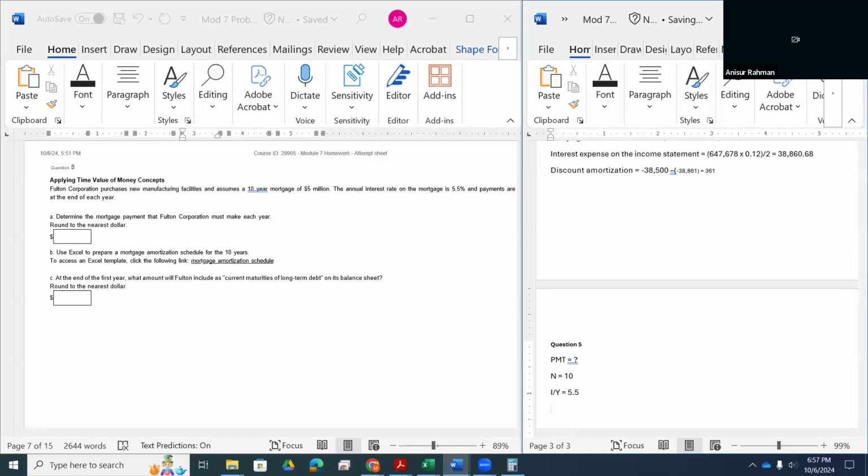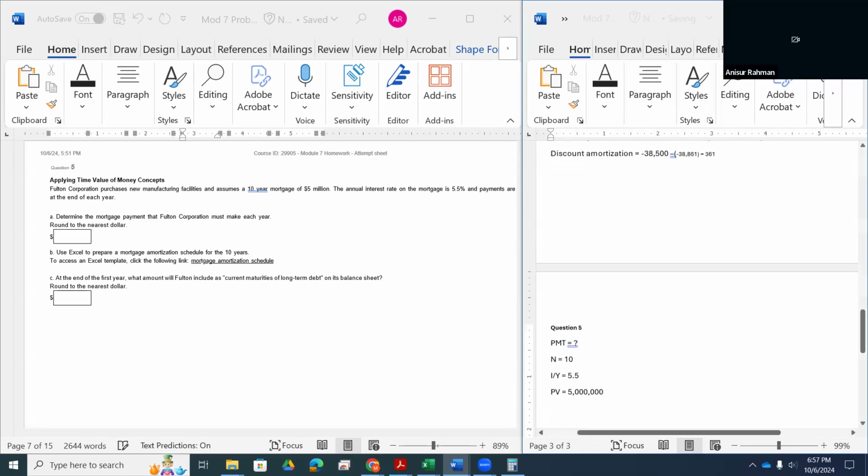And then our present value is equal to 5 million. So this is how much this company is getting by borrowing. And our payment is what we have to find out. Our future value will be 0. This company wants to pay off this entire $5 million.